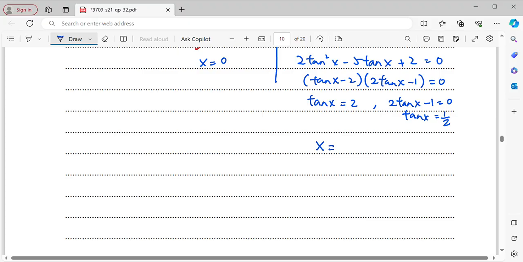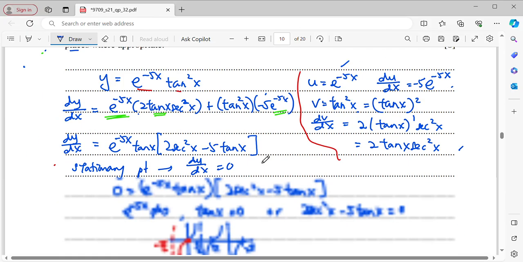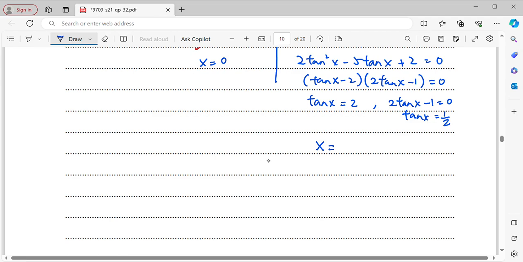Now look at the limits here. It is from minus half pi to half pi, which means you have to leave your answer in radians. For the first one, you'll be getting 1.107, and for the second value, x is inverse tangent half, so you'll be getting 0.464.